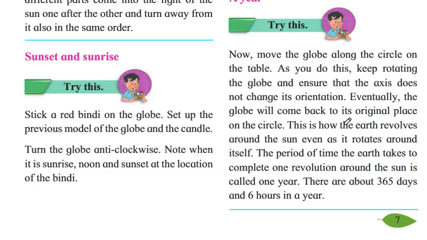This is how the Earth revolves around the sun even as it rotates around itself. The period of time the Earth takes to complete one revolution around the sun is called 1 year. There are about 365 days and 6 hours in a year.